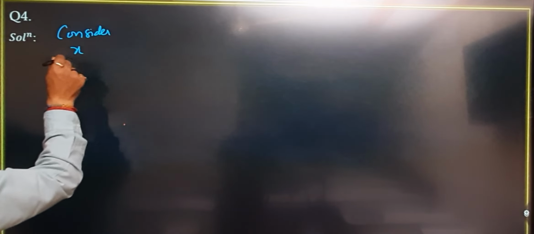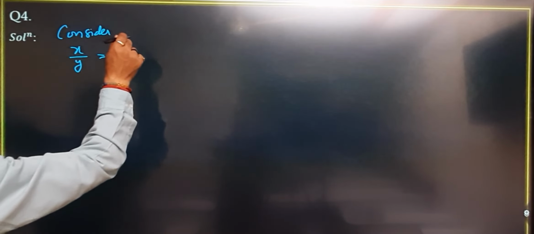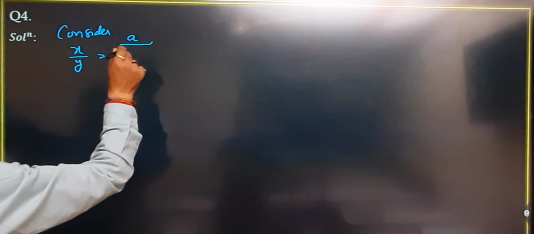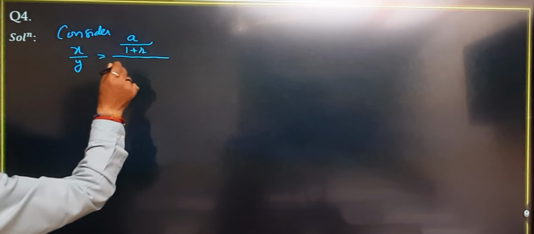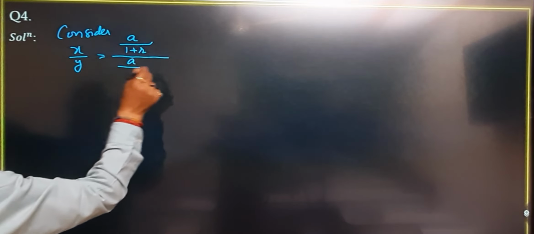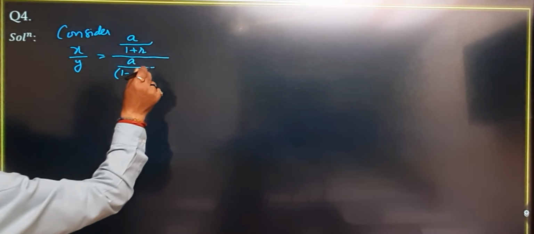Consider X upon Y. X was a upon 1 plus r, divided by Y, which is a upon (1 minus r) into (1 plus r).